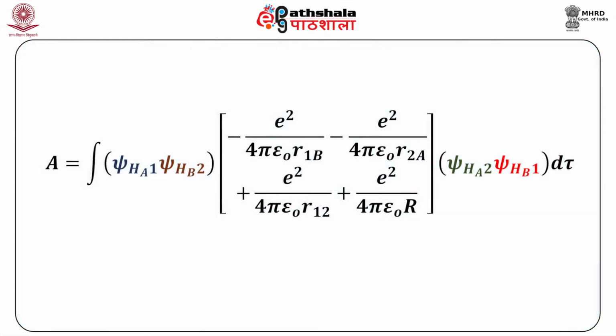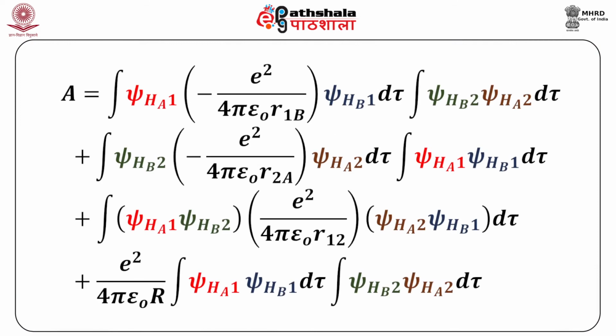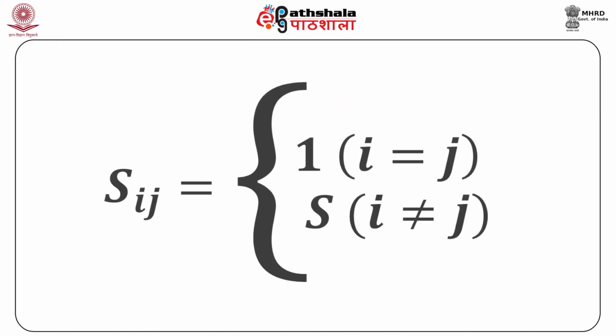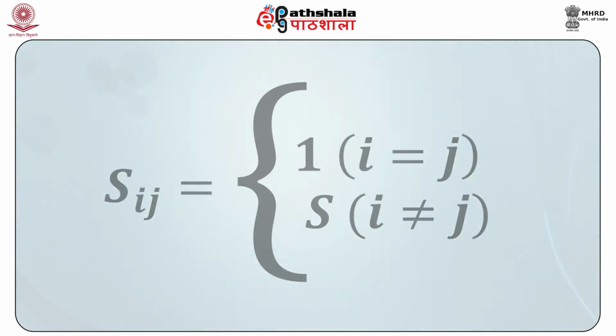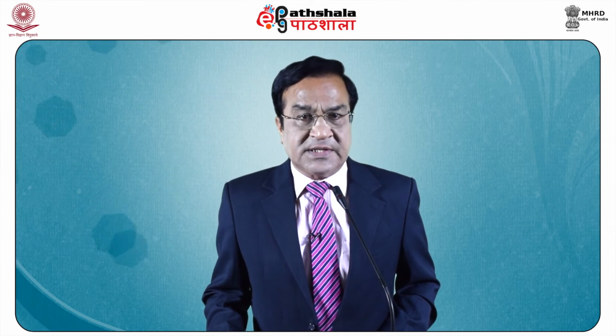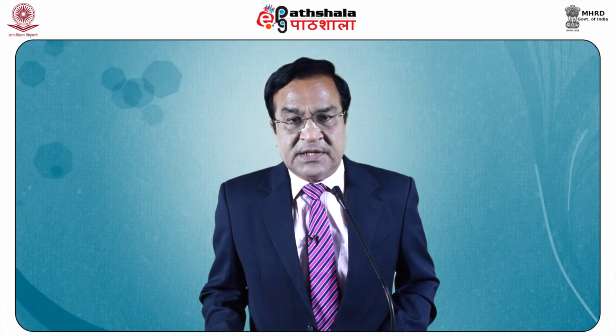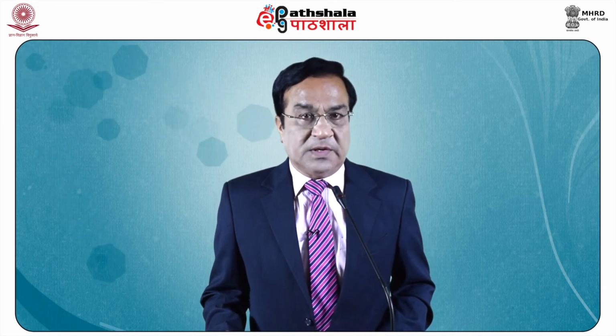Exactly on similar lines, one can go into the details of the expression for A. Here you can see again there are four terms, and we are substituting and expanding it. Since atomic orbitals are normalized, and overlap integrals represent the overlap, we have seen here that we get four terms, but the integrals in the above expressions cannot be interpreted in the manner similar to that of the Coulomb integral.